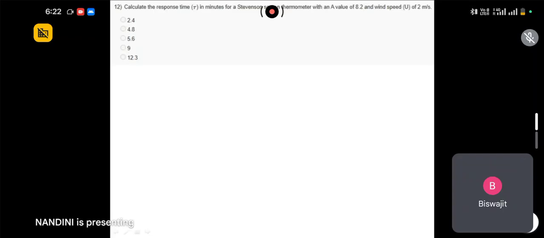So Stevenson screen is basically a wooden box, which is used to house meteorological instruments like thermometers at a weather station.